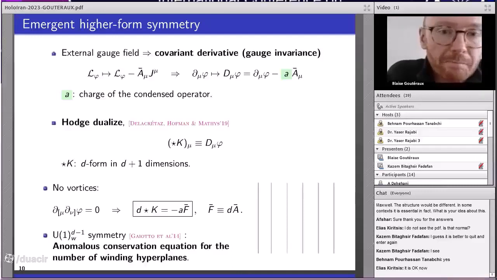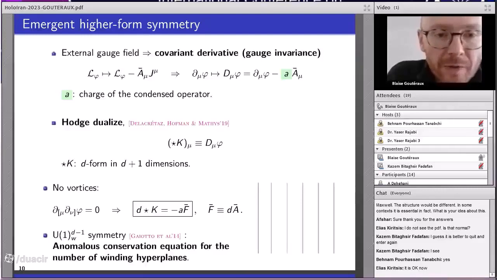Then what you can do is consider the Hodge dual of the gauge covariant derivative, which I call K. The star K itself is a D-form in D plus 1 dimensions. Now we want to write the conservation equation that this D-form current obeys. We make the assumption that there are no vortices, which means that phi is a smooth field, and so its partial derivatives commute.